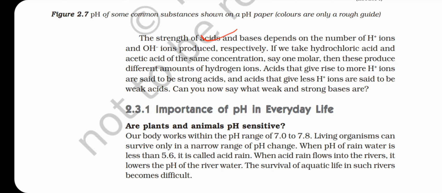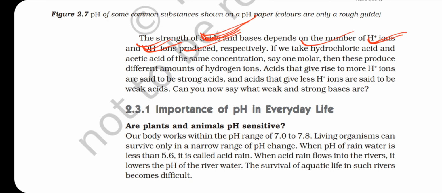The strength of acid and base depends upon the number of hydrogen ions and OH minus ions produced. Acid strength is recognized by the number of hydrogen ions, and basic strength depends on the number of OH minus, that is hydroxide ions, respectively.